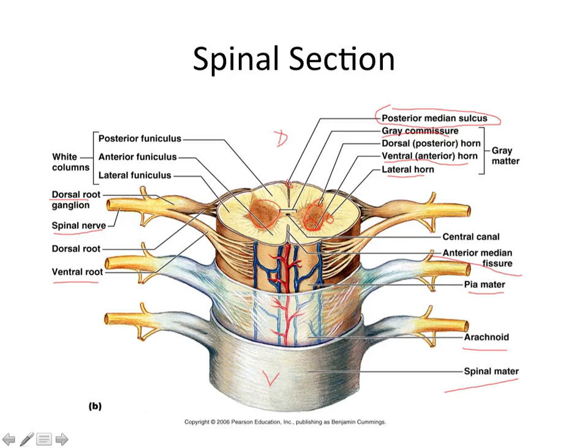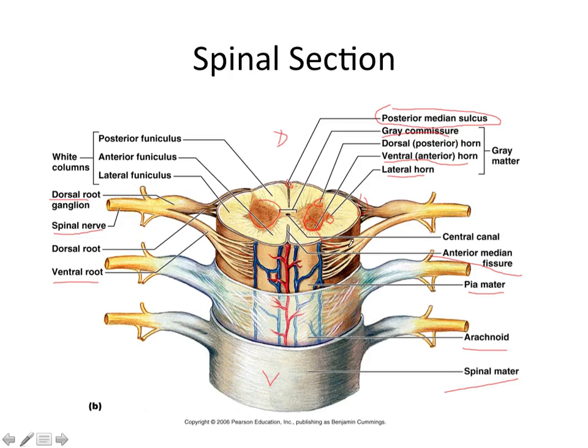The posterior horn sends out the dorsal root. The dorsal root is made of purely sensory nerve fibers. The anterior horn sends out the ventral root.